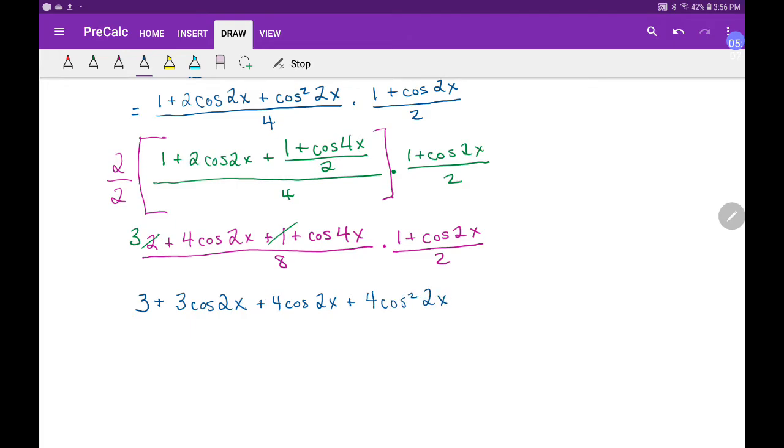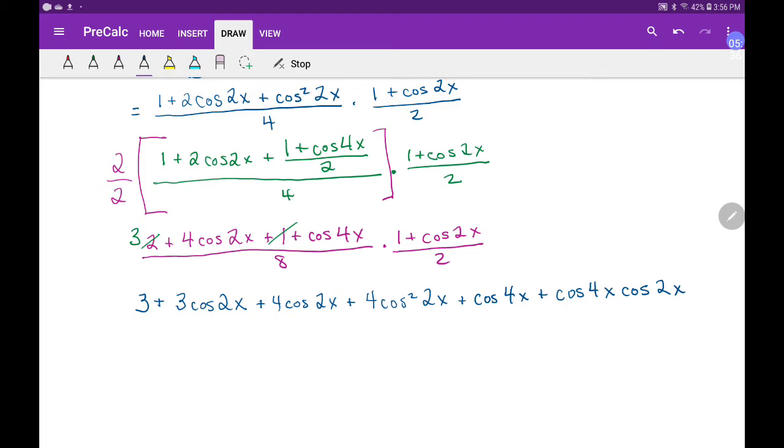So I'm back at it. And then finally, I'm going to multiply by the cosine 4x, and I get cosine 4x plus cosine 4x times cosine 2x. Those aren't the same, so I can't put them together, even though I wanted to.